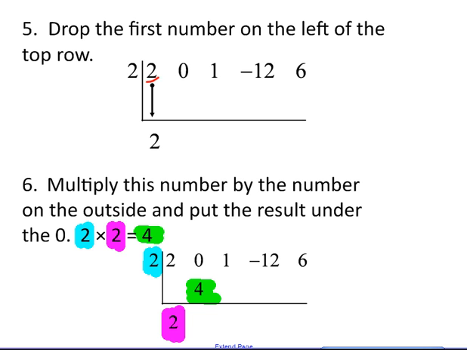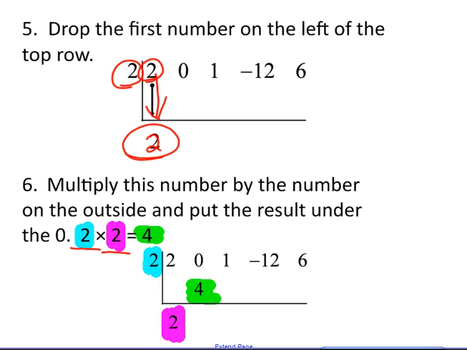Next, the first number we don't do much with. The first number is just going to drop straight down and we're going to rewrite it underneath. Here's where we start doing the synthetic substitution part. We're going to take this number here and this number here and multiply them together. Notice I have 2 times 2. 2 times 2 is 4.